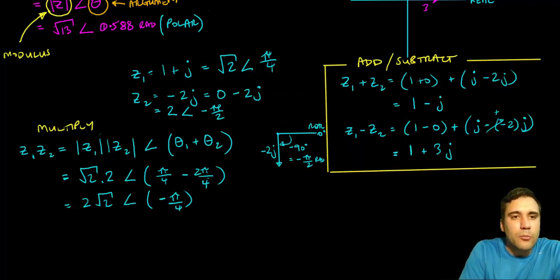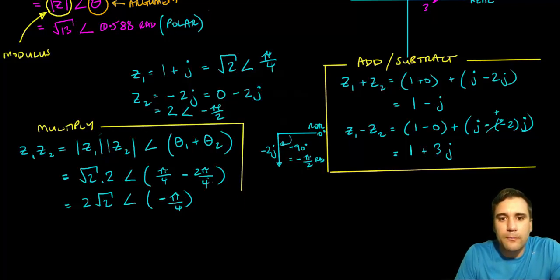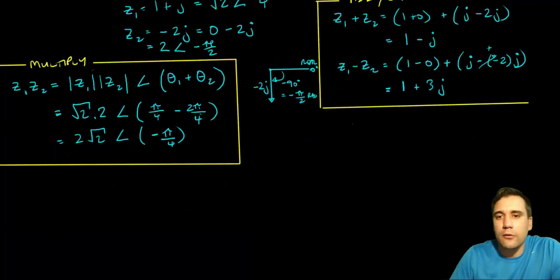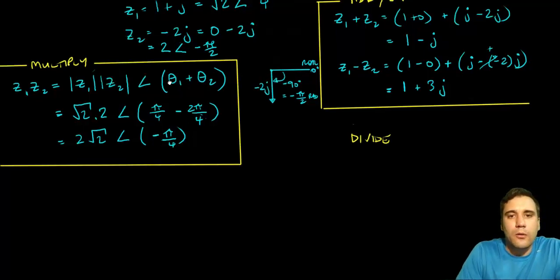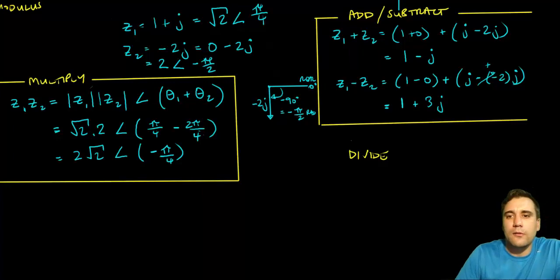So well, let's draw a box around our little multiply setup, right? We've now got that. Now we can do divide, and divide some stuff. So I'll make it so you can see those Z1 and Z2 definitions again before we start.